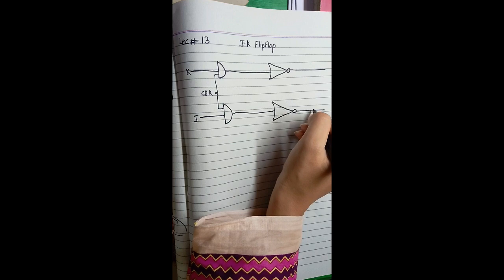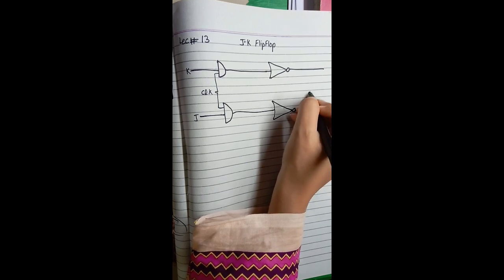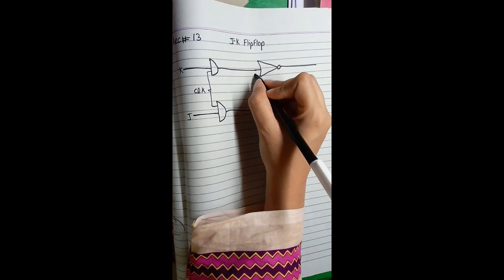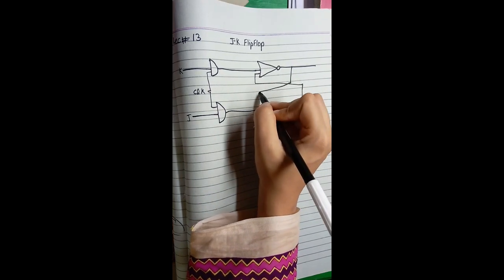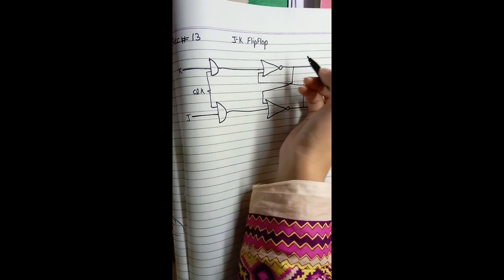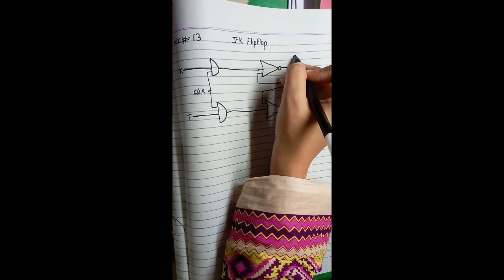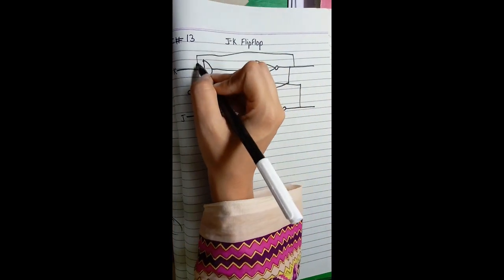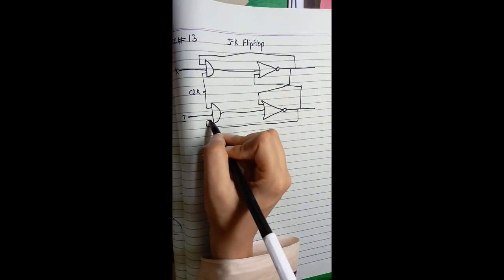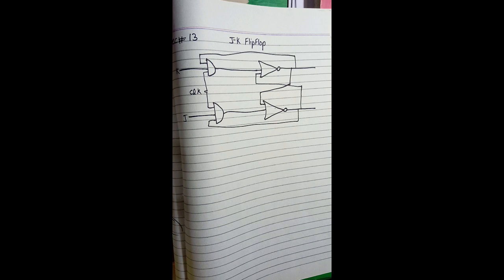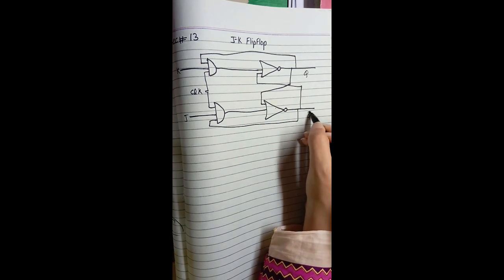These outputs will be connected to the NOR gate as input, and these outputs are also working as the input of the AND gate. So simply this is our complete circuit of the JK. This is our Q and this is our Q bar.